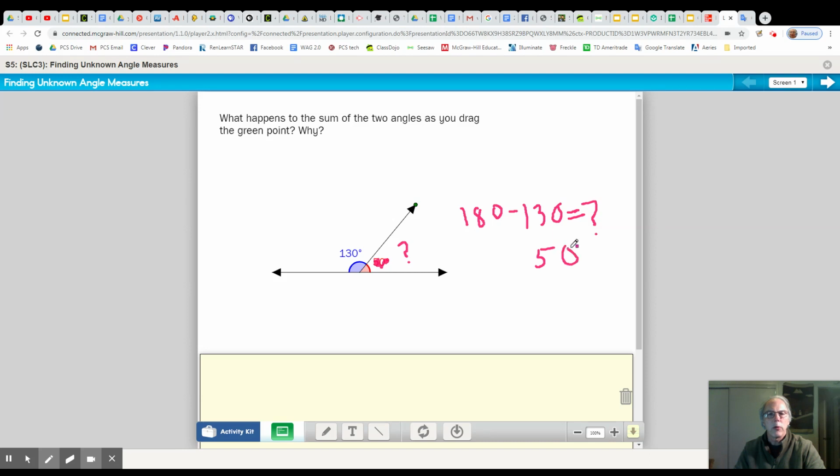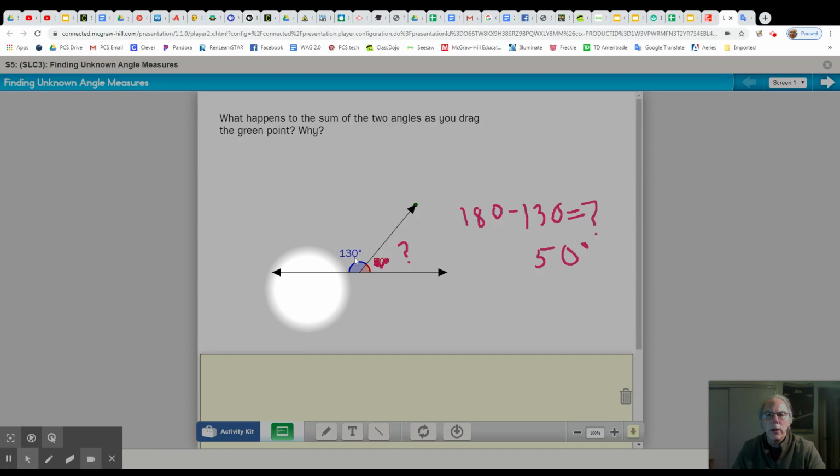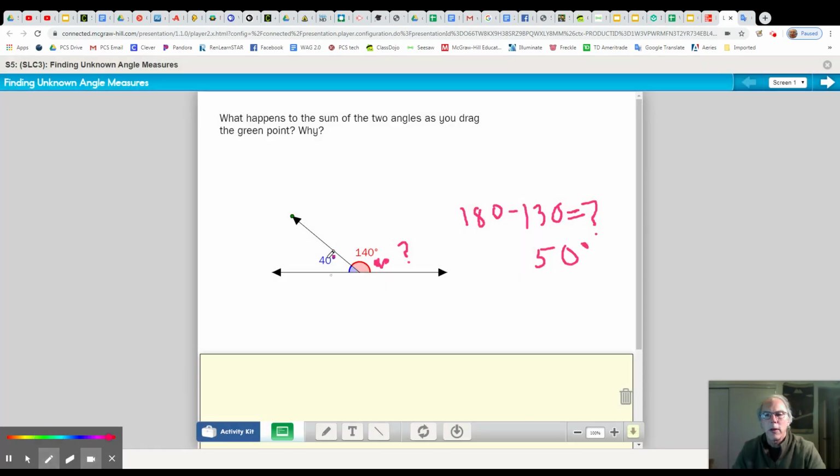I'm using the mouse to do this, so it's especially messy. Let's look at another one, and by the way, this works for any missing angle. Say we've got 140 on one side right there. What's the missing angle? Pretend they didn't show it to you before.